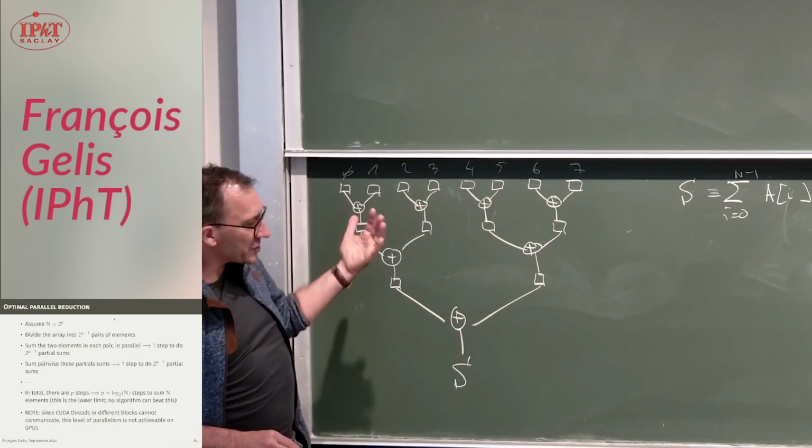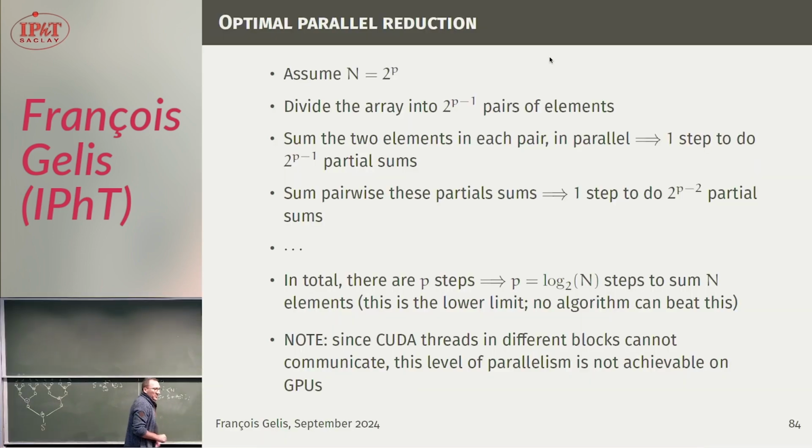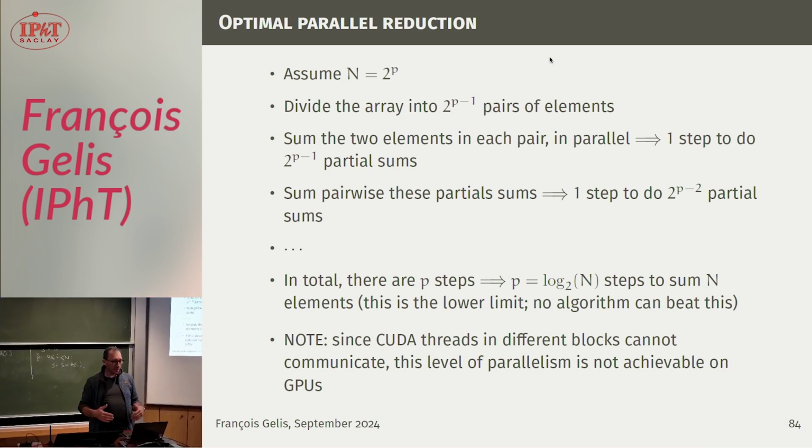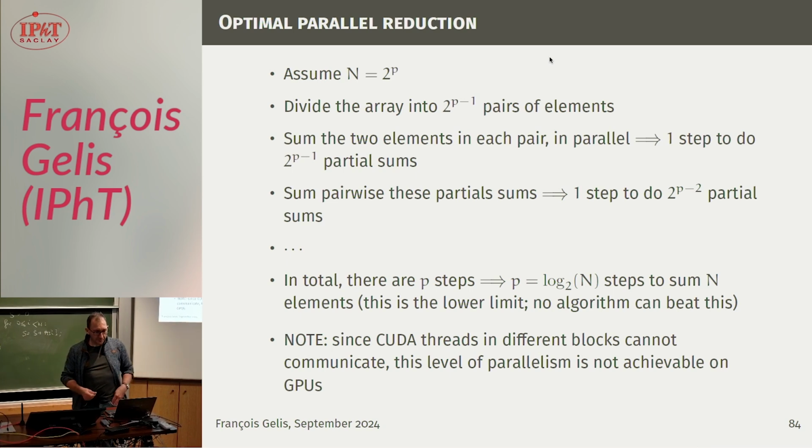And if you start from 2 to the power p numbers, this algorithm will take p steps, p being the logarithm in base 2 of the number of entries. I believe this is the maximal theoretical performance, in the sense that no algorithm can beat this for summing all the entries of the array.